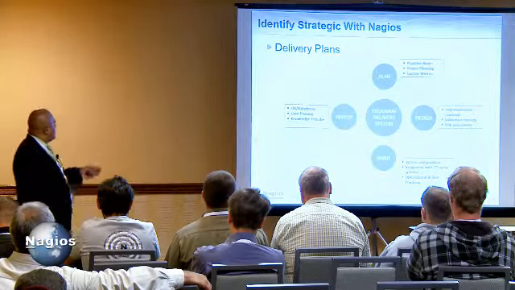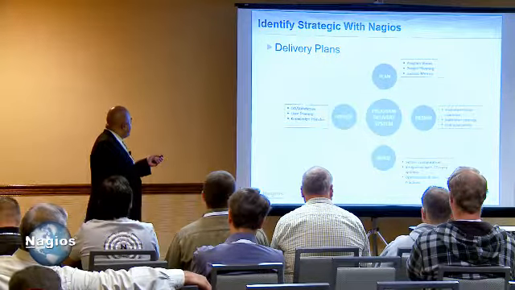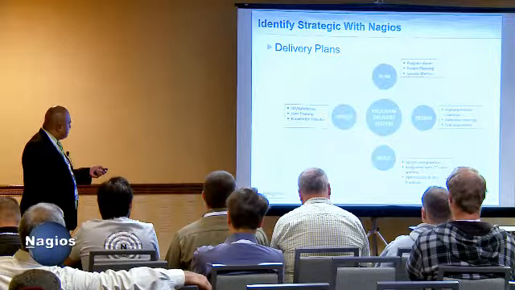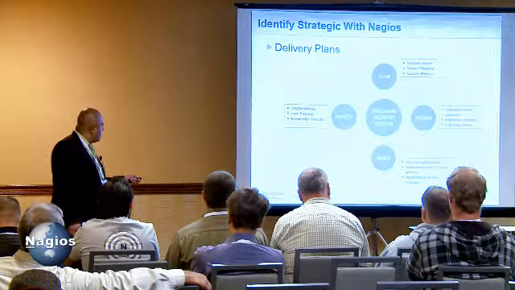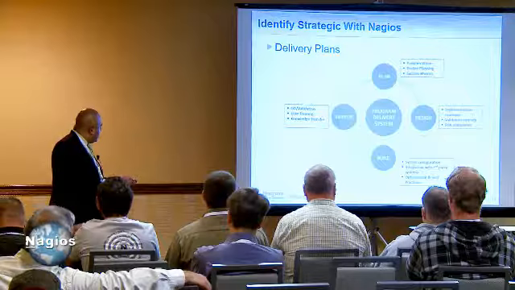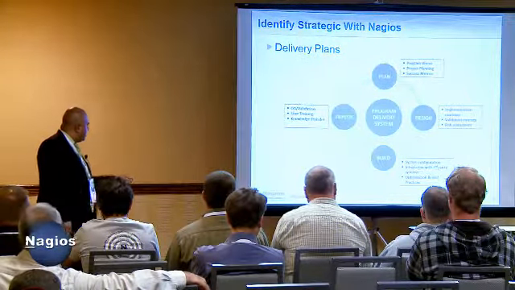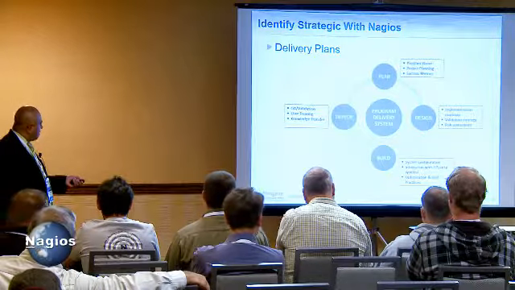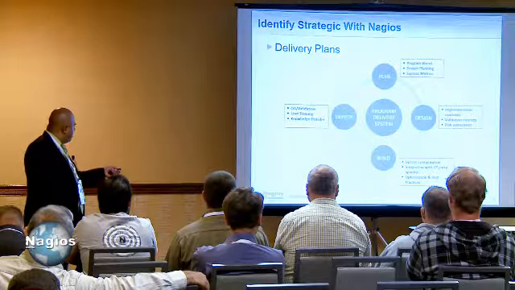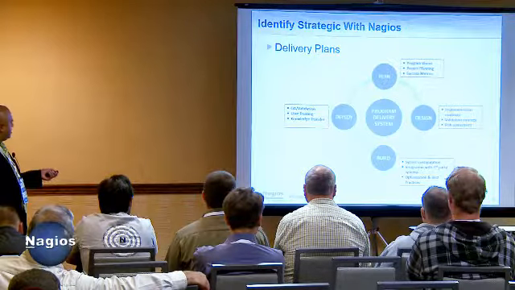Okay, identify strategy with Nagios. We can develop plans, program vision, project planning, success metrics, implementation roadmap, validation strategy, risk assessment, and these components: the plan, the design, the build, system configuration, integration with third-party systems, optimization of best practices, and deploy, QA validation, user training, knowledge transfer.